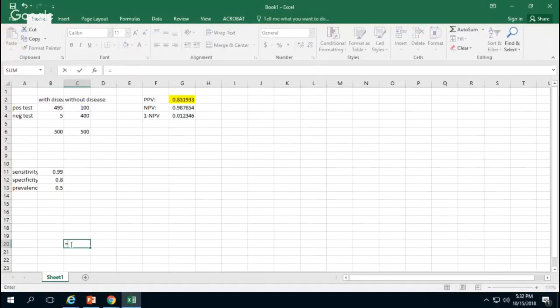1 over 3. I have 3 of them, so the probability of independent events occurring is just the product of them. The intersection of 3 of them is the cube. So I'm going to take this to the 3rd power. That's the probability that all fall.